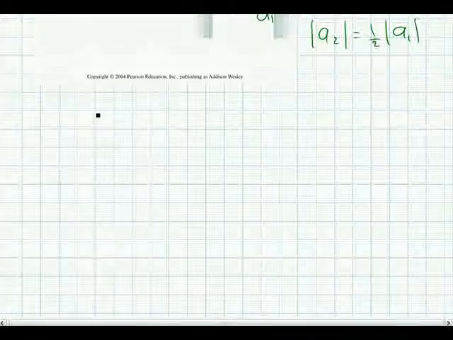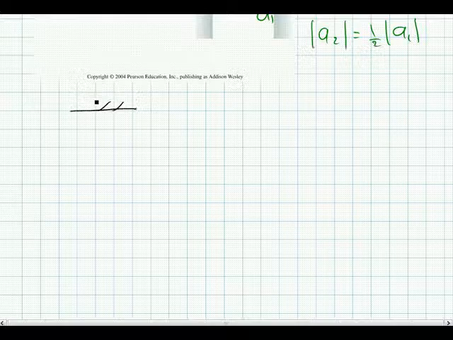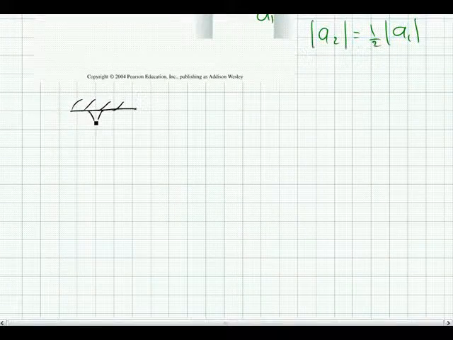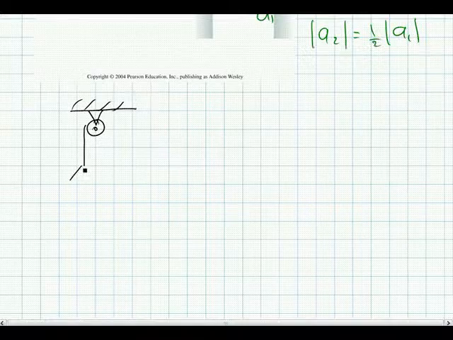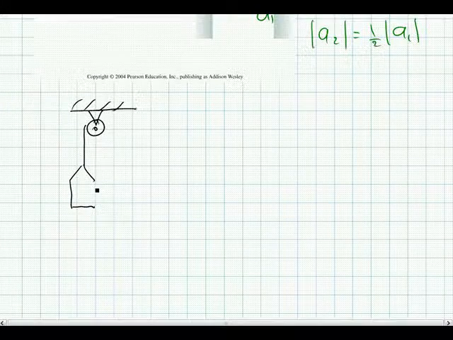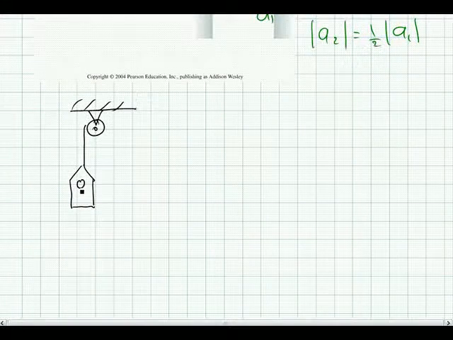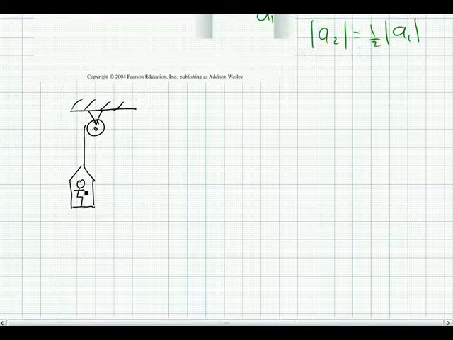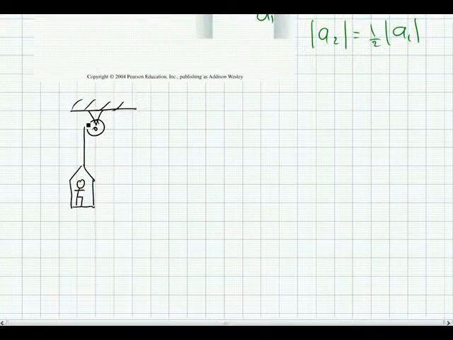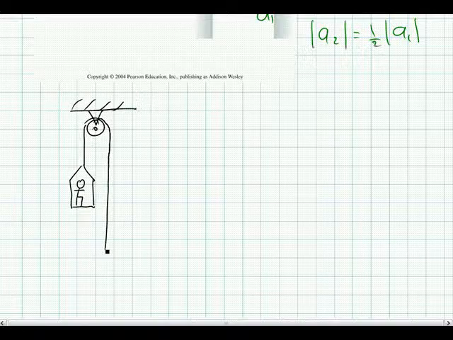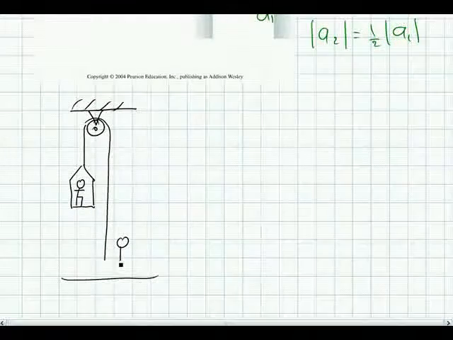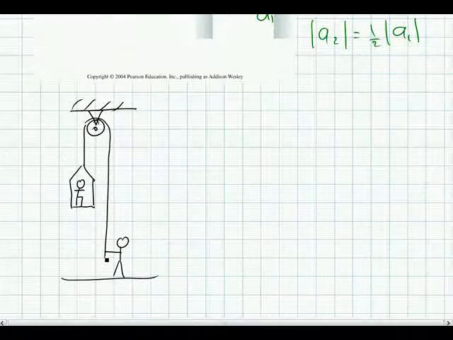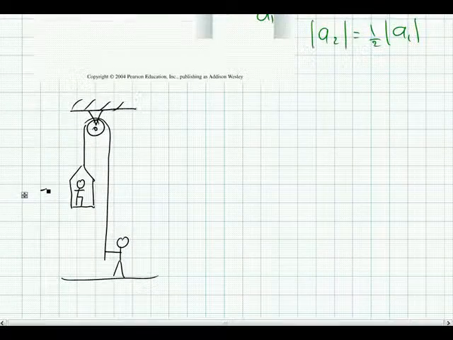So what we have is Joe sitting in his little elevator gadget, being held up by a force that his friend Bob applies to the rope here.